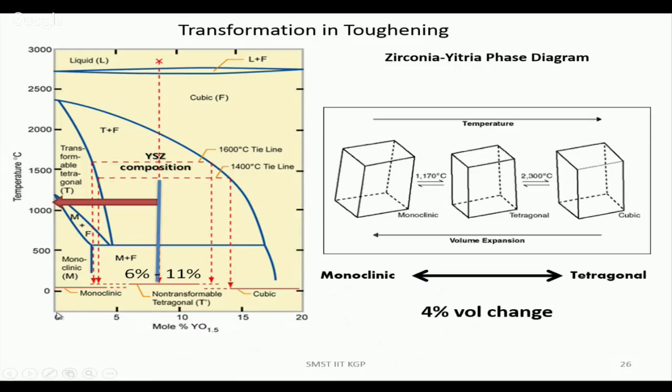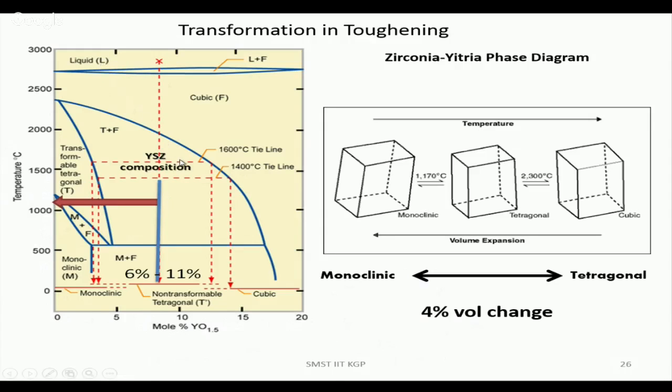So if you go with 0% yttria, you see that zirconia has a monoclinic phase at room temperature, and you have a tetragonal phase, and above some 2400 degrees centigrade we have the cubic phase.